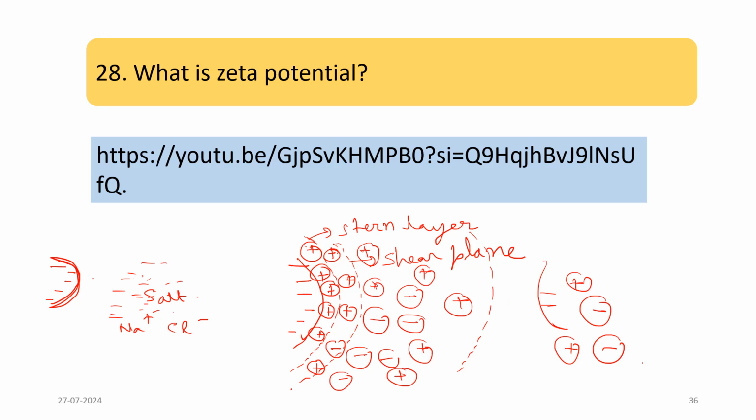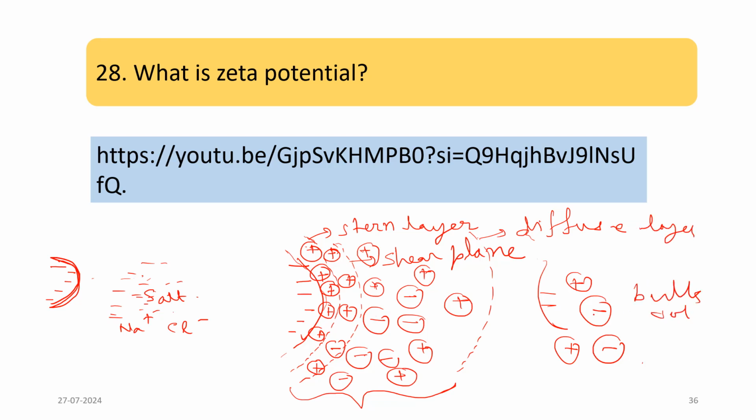But from this position to this position, there is a distribution made because of the negatively charged layer. This outside region is called the diffuse layer, and this is the bulk solution.